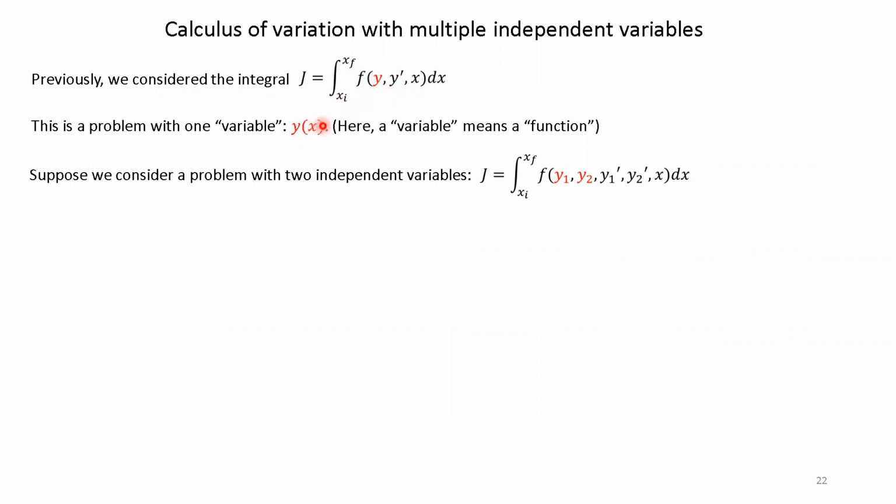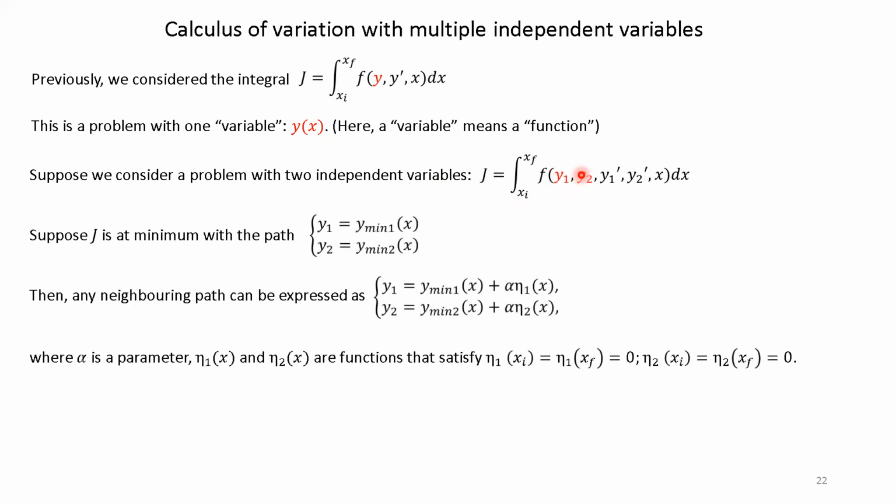Now, if we consider a problem with two independent variables, the reason we care about this is what you have just seen: if I want to consider a particle in two-dimensional or even three-dimensional motion, here let's say two dimensions, then we care about this minimization problem with these two functions y1 and y2, both of which are functions of x.